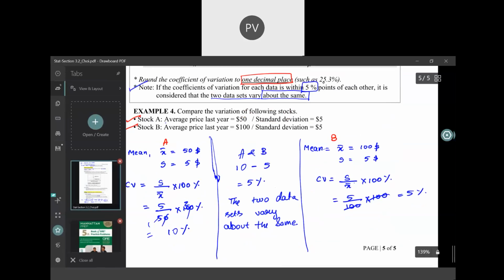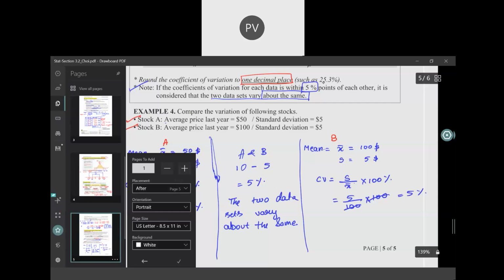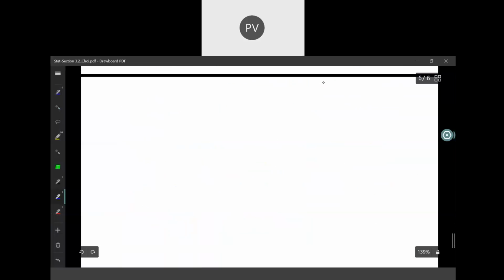Now I'll give you an example. I have two groups, A and B. The data set for A will be 10, 60, 40, 30, 50, 20. For B it is 45, 40, 25, 30, 35, and 30.